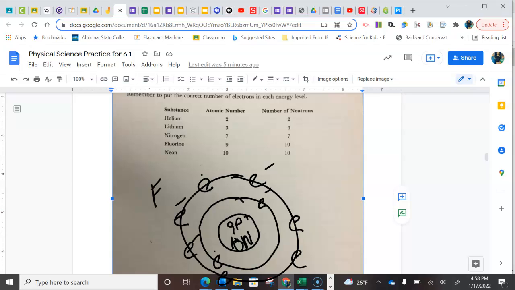Now what's interesting about fluorine, fluorine would love to have 8. If it has 7, wants to get to 8, it needs to gain. And that's where we're going next.